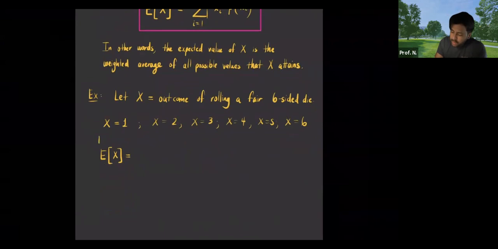Now, what's the probability of me getting an X being a 1? Isn't that the same as the probability of getting a 2, which is the same as getting a 3, a 4, a 5, or a 6?